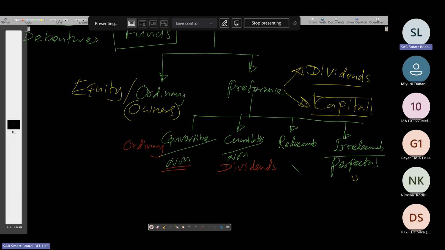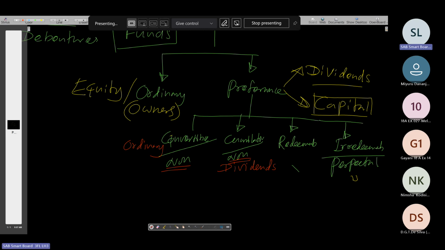Non-cumulative means they don't have such a right. They are not entitled to receive dividends on a cumulative basis. So there is cumulative and non-cumulative.